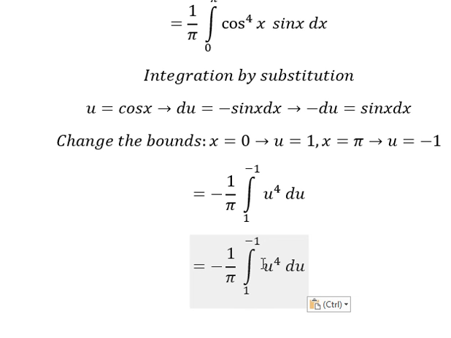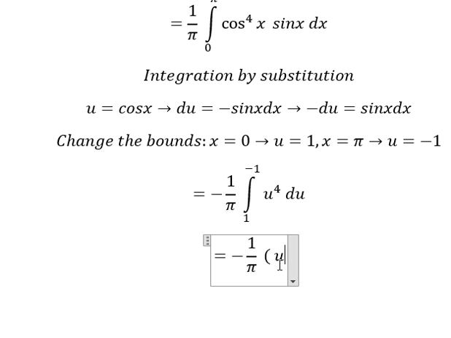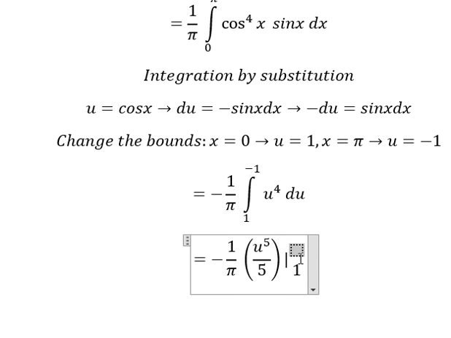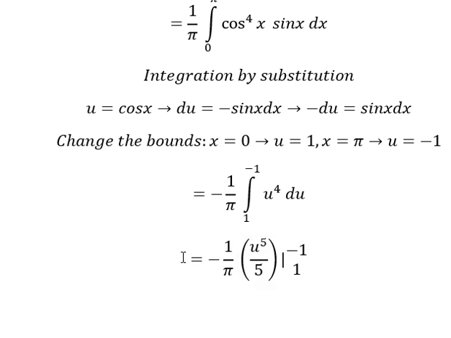We know that the integration of u to the power of 4 gives u to the power of 5 over 5. And then we put the bounds from number 1 to negative number 1. And now we have the final answer.